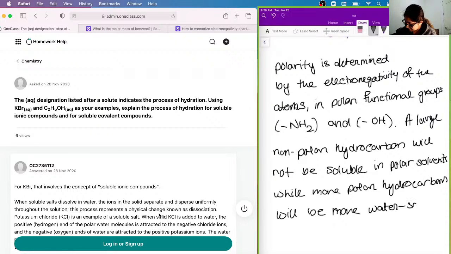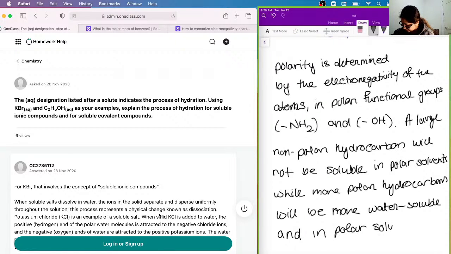Right, so this makes sense because of the partial charges in the molecule, and so will be more water soluble and in polar solvents, right?